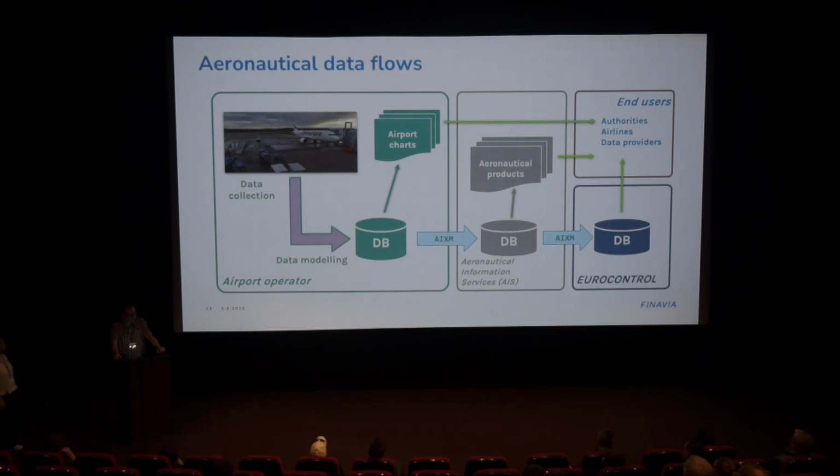Then they deliver the data to Eurocontrol, which builds European-level aeronautical data. They take care of conflicts between countries. Airports don't have conflicts with other airports, but think about airspaces between various countries. They might have challenges handling unique identifiers or coordinate precision or something like that.